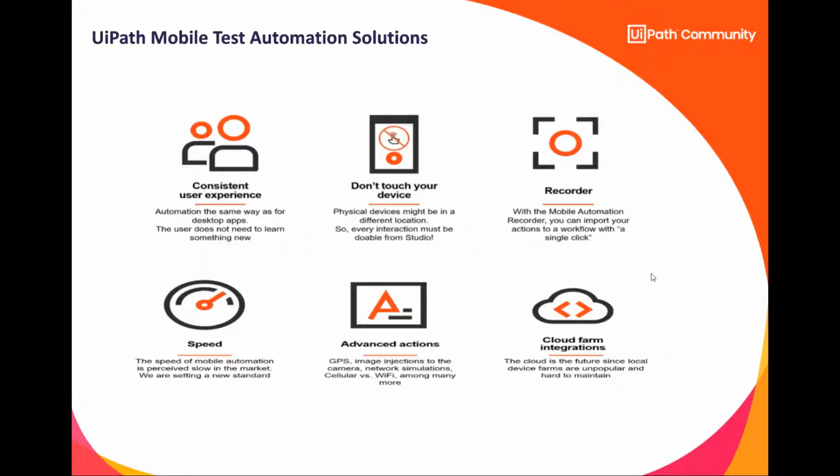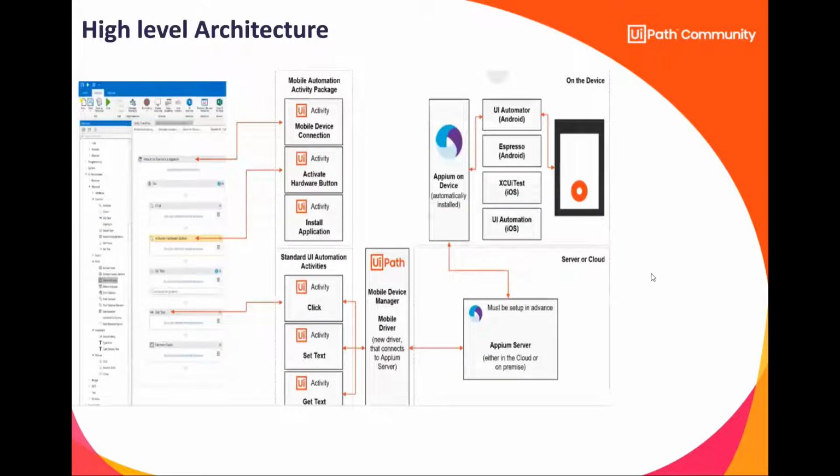So let's go and see the high level architecture of this entire UiPath test automation solution in terms of mobile. So you can see the entire structure over here. The mobile automation activity package, the standard UI automation activities, the mobile device manager, then the Appium server for the server and cloud and on device.